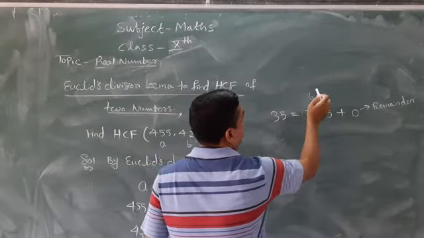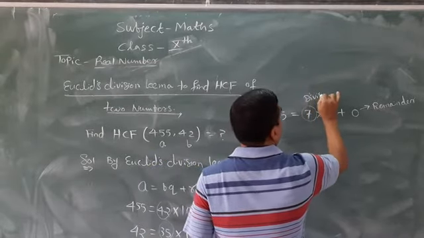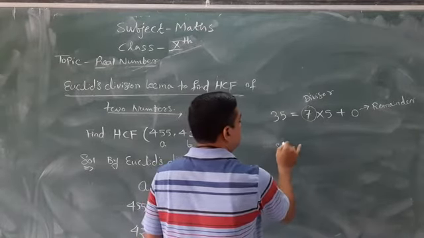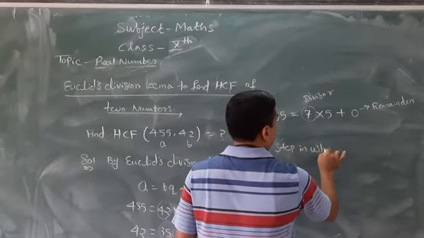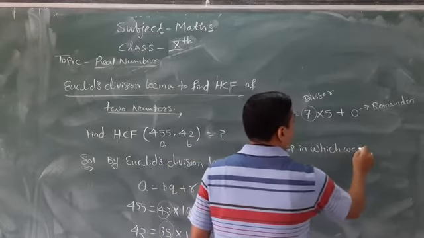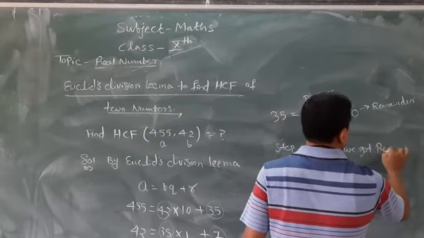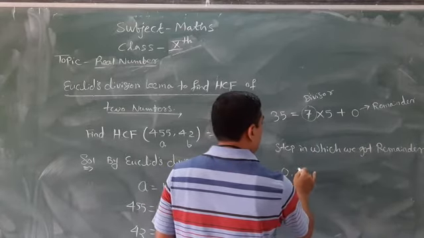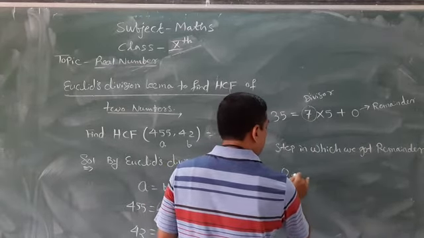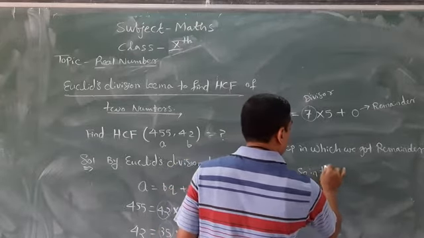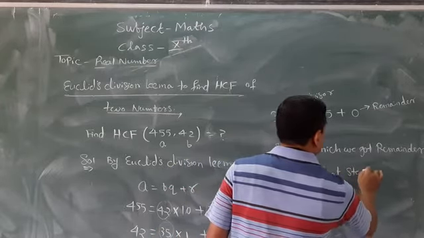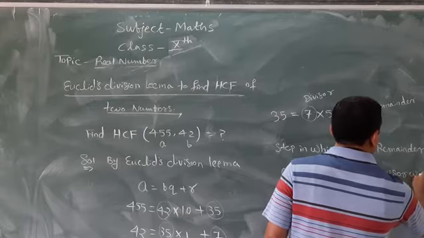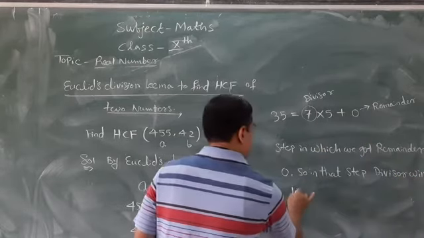So this is the value of the divisor. The stage in which we got remainder 0, in that stage, the divisor will be the HCF.